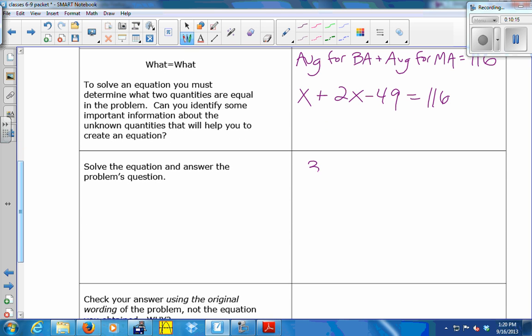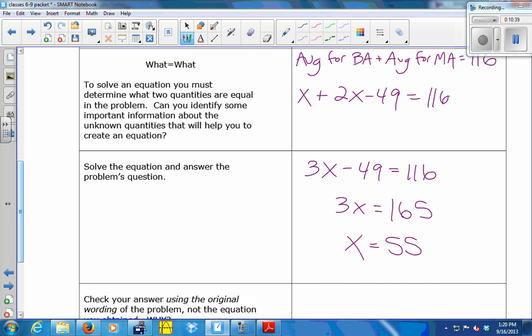So I get 3x minus 49 is 116. 116 plus 49 will be 165. Divide both sides by 3. What do you get? 55. And that's measured in thousands, right?